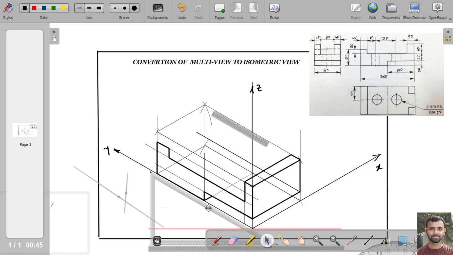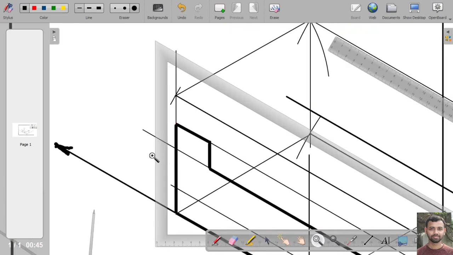Okay. I hope there are no lines left. If there are any lines left, then we will draw them later. Okay, now we will draw the isometric lines that are parallel to the x-axis. So we will move this one.